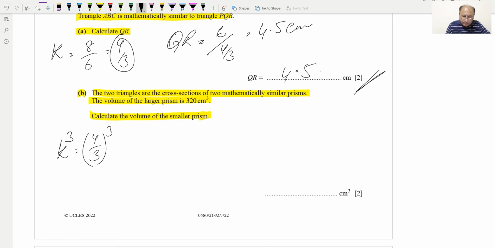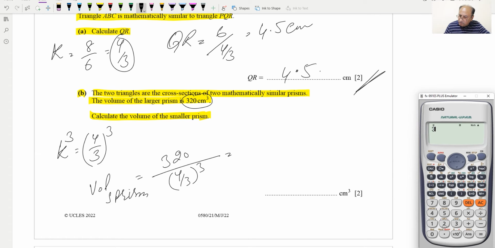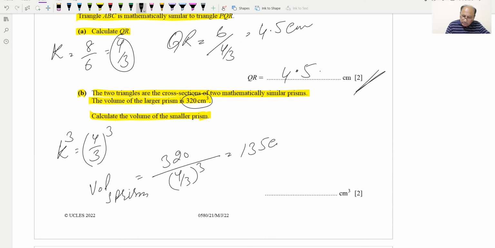And the volume of the small prism will be equal to 320 divided by 4 by 3 cubed, by the conversion ratio, and this will be 320 divided by 4 over 3, taken as a cube, so this will be equal to 135 centimeter cubed.